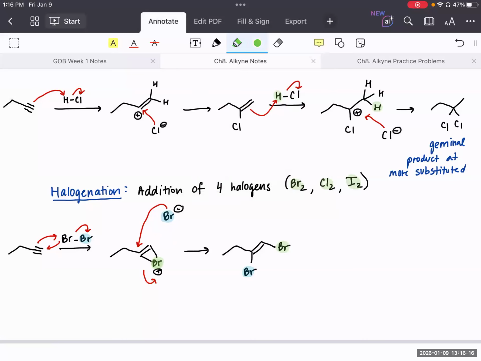And I'll highlight the starting Br2 just so we can keep track of what's going on there too. All right, next we can have the same exact copy of the same reaction where we form another bridged halonium ion. And if we look, this is going to be the exact same step as what we just did in that first step.